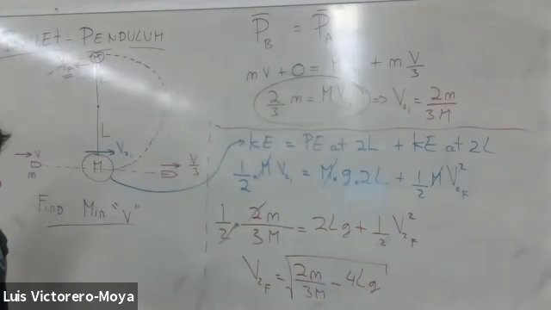But hey, I need a condition at the top, right? There has to be a way to simplify that. To barely make it through the loop, at the top, what's the condition? The centripetal force has to be equal to big M times gravity.